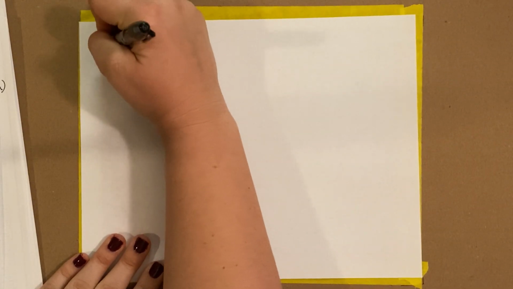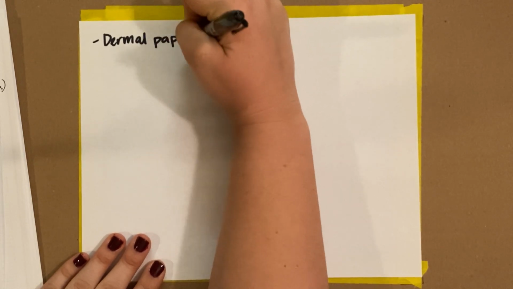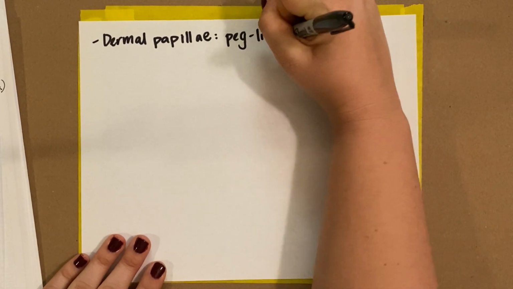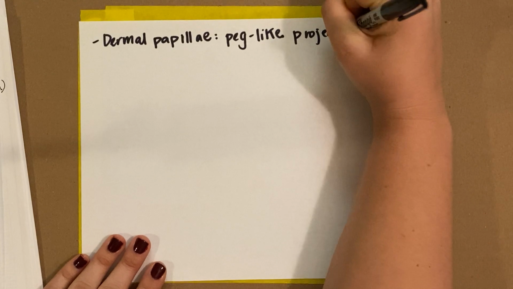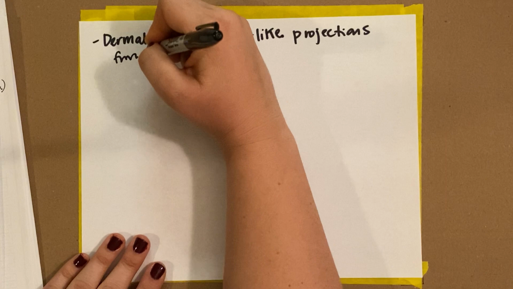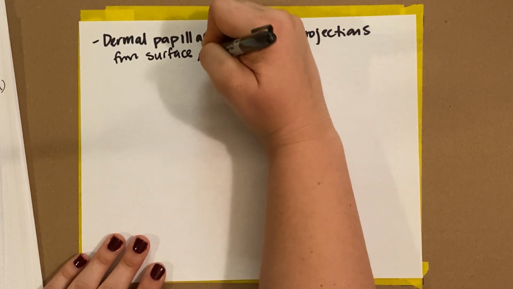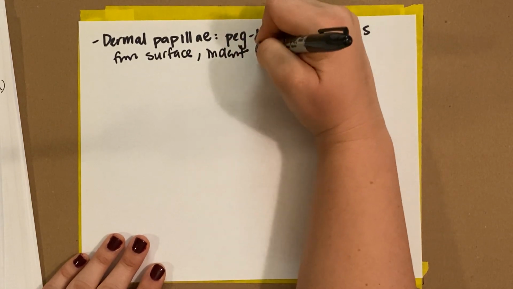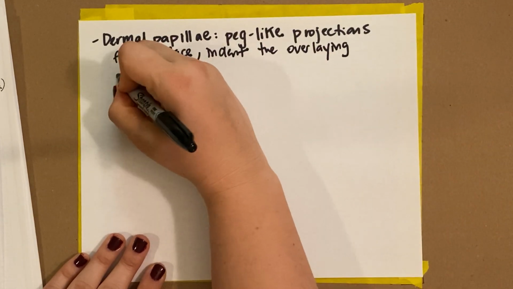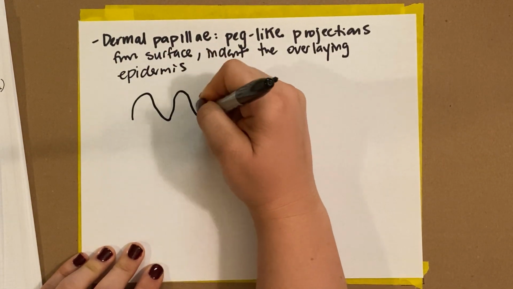So we have dermal papillae. These are peg-like projections from the surface, and they indent the overlying epidermis. Again, it kind of looks like this.